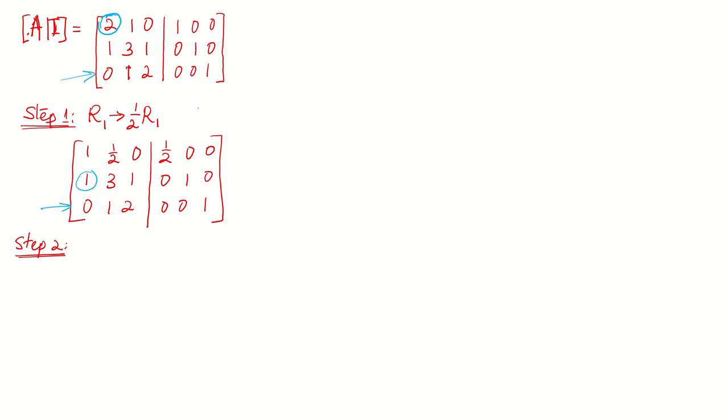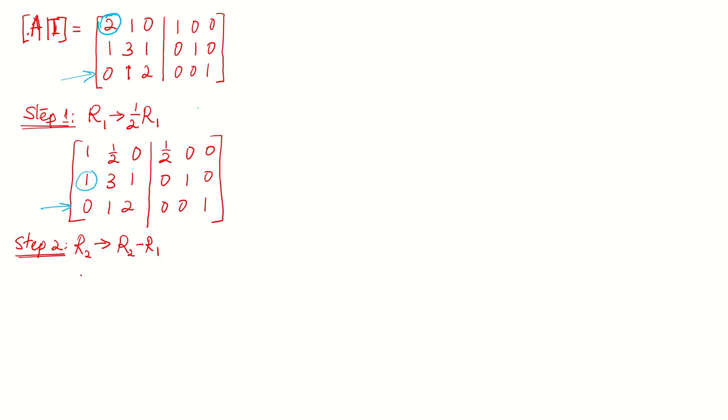What do we do to make that element be 0? The row operation to perform is to replace the second row, R2, by the difference of the second row and the first row. So I'm going to subtract the first row R1 from R2 and replace the result as row R2.